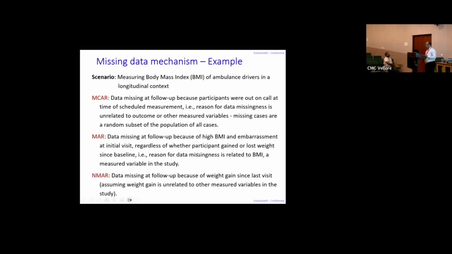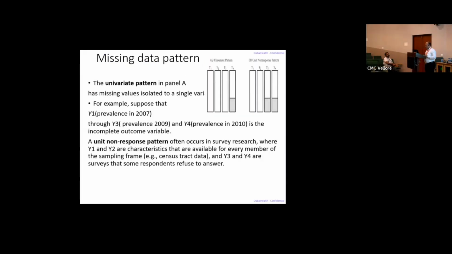Or in this one, we said because he's obese he does not want to contribute his weight to the study data. So we want the missing data to be missing completely at random, not related to any reason why he's avoiding giving data. These are some of the patterns.